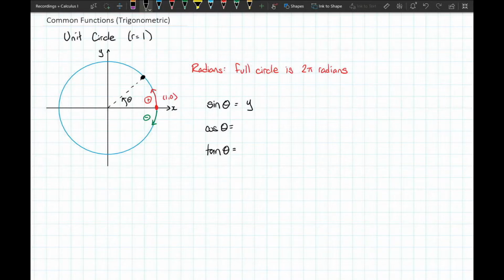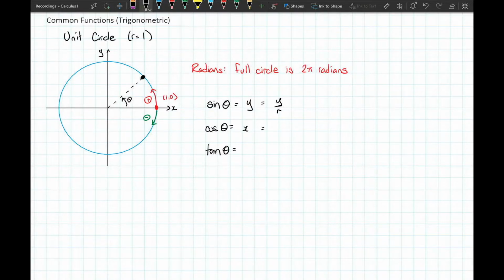Now, in general, if this is not a unit circle and it's any circle centered at the origin with any radius r, we can also use y over r, the radius of the circle. Because r is equal to 1 on the unit circle, it's just the y coordinate. But it is important to remember y over r for when we get to our second approach later. Cosine theta is just the x coordinate of a point around the circle.